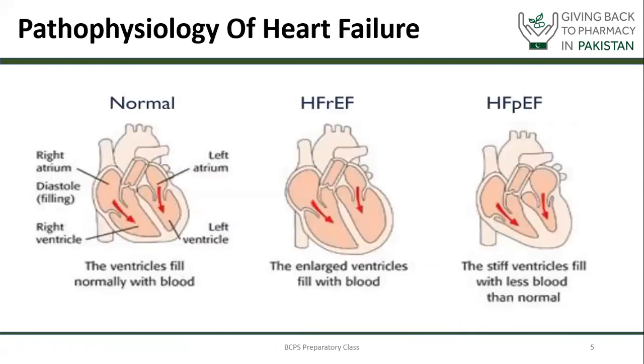In normal cases, whenever the heart contracts, it sends out almost 60% of the volume that was inside the heart before the contraction. There are two conditions: reduced ejection fraction and preserved ejection fraction. In reduced ejection fraction, the heart is not able to pump out enough blood, although there is blood inside the heart, because it is weak due to some MIs, endocarditis, or hypertrophy.